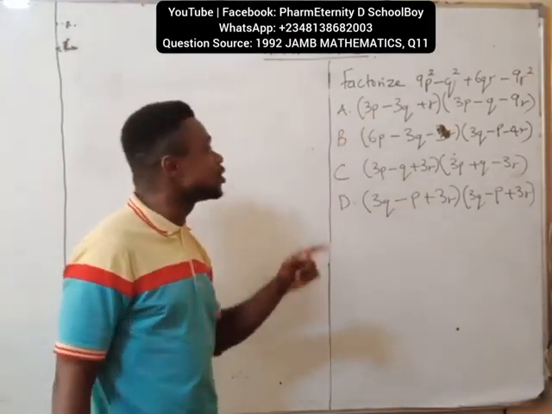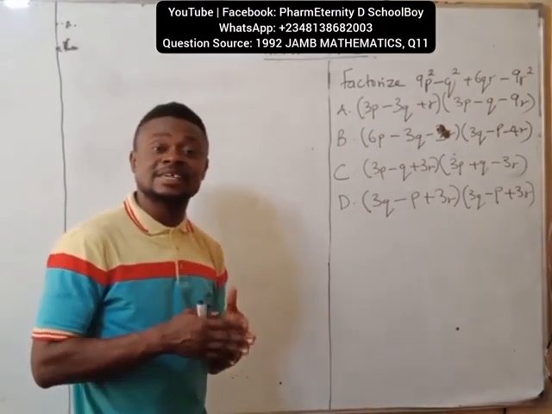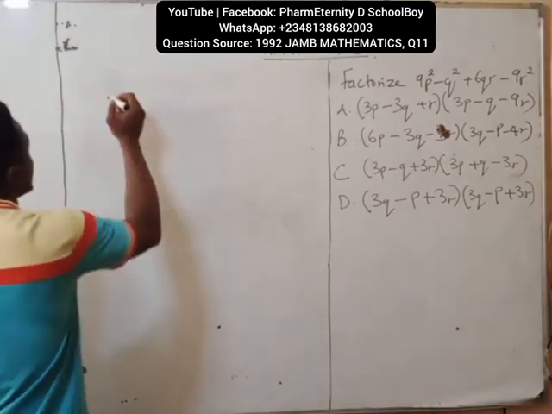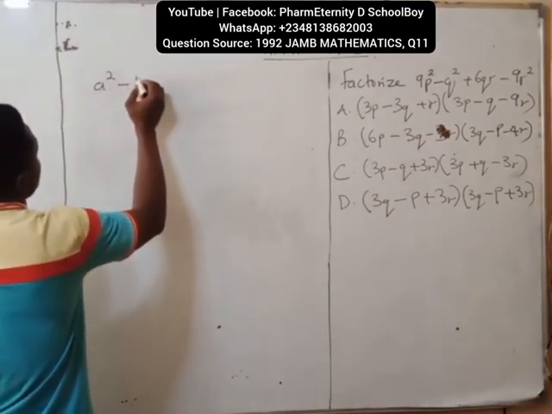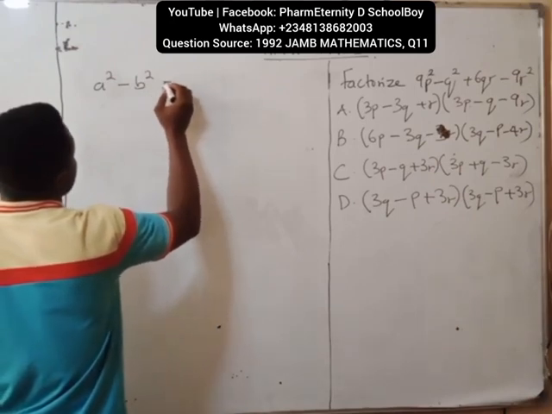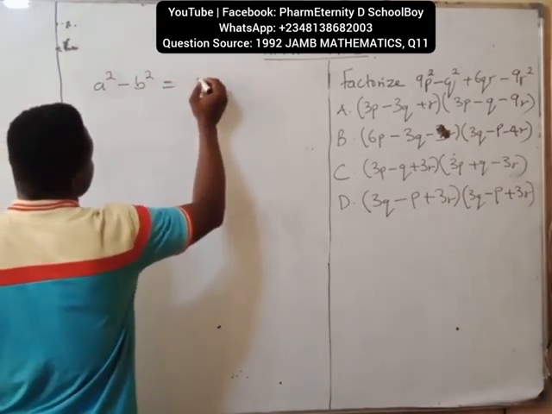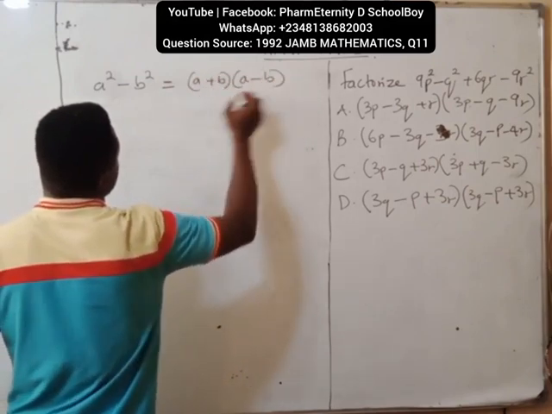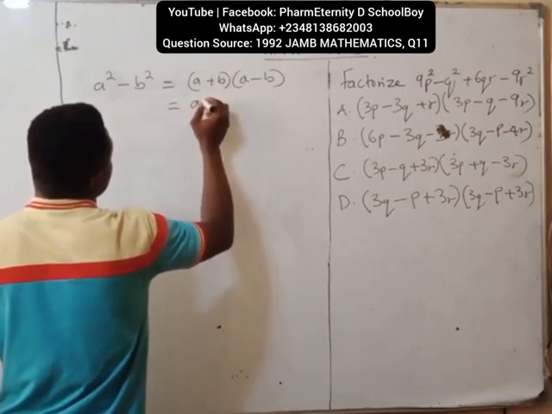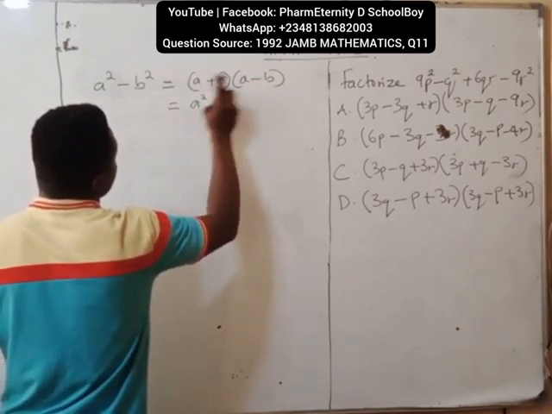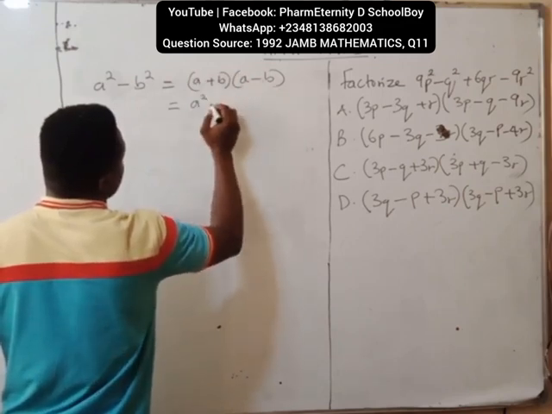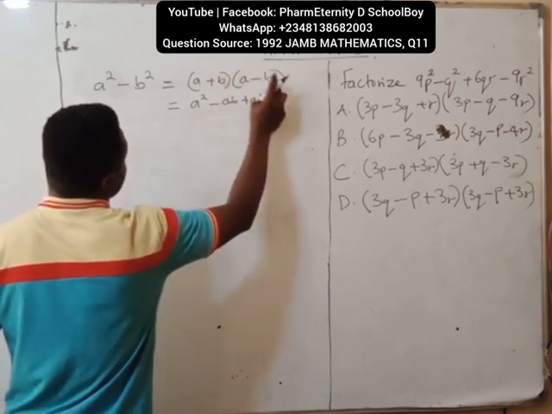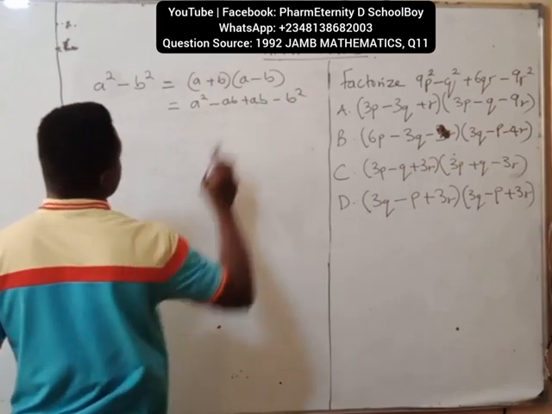We can solve this question using difference of squares of two quantities, which says that a squared minus b squared is the same thing as saying (a plus b)(a minus b), and if you expand this, you have a times a is a squared, a times minus b is minus ab, b times a is plus ab, b times minus b is minus b squared.